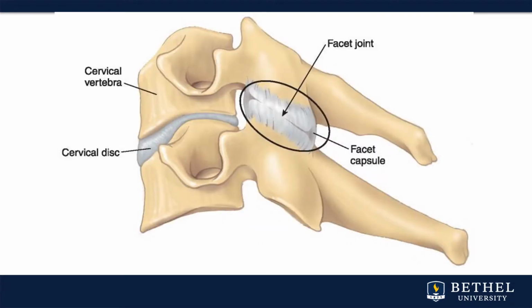A reminder what a facet is. The facet is where the bony surfaces come together, and then it's surrounded by a capsule. This is highly innervated. So know that when somebody has low back pain, it's very difficult to know if it's coming from a disc, from the facet, or from a pinch on a nerve root.